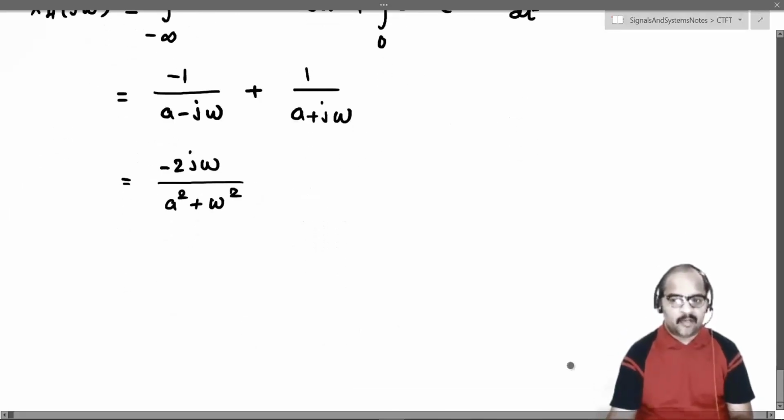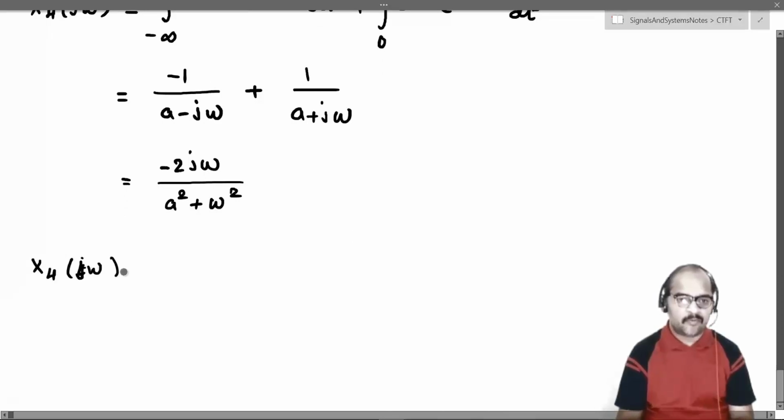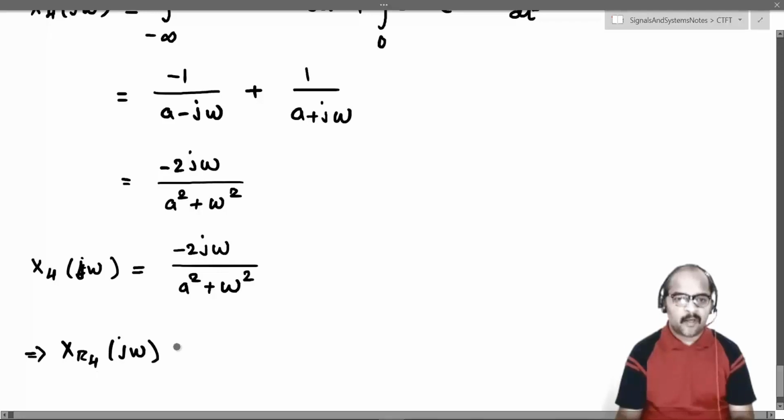So let us again talk about the real part, imaginary part, and so on. X4 of j omega we got to be minus 2j omega divided by a squared plus omega squared. So what is its real part here? There is no real part. Why?